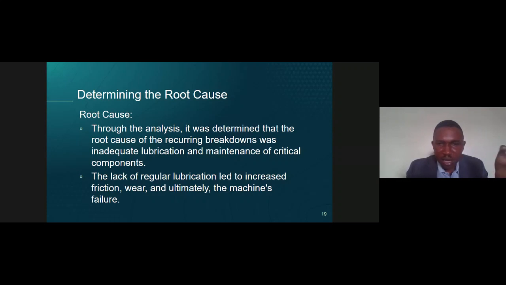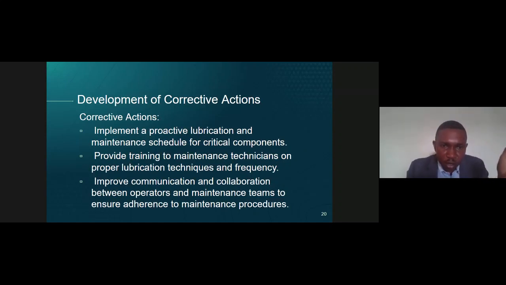Next, having done that, we see what the problem is all about. After the analysis was carried out, it was determined that the root cause for the recurring failure or breakdown was inadequate lubrication and maintenance of critical components. We also see that the lack of regular lubrication led to increased friction, wear, and ultimately the machine failing.